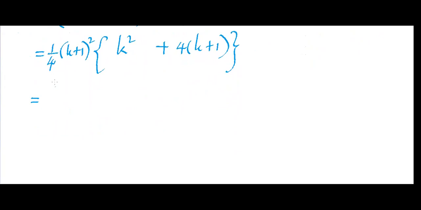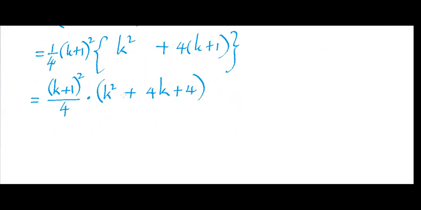That becomes k plus 1 all squared out of 4 into k squared plus 4k plus 4. If you are good at observing perfect squares, that is a perfect square.